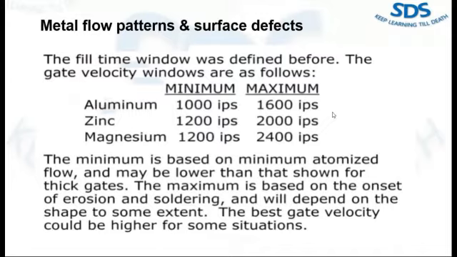You can see the aluminum minimum is 100 inch per second and maximum is 1600 inch per second, or you can say, which I use in my design, preferably 35 to 50 meter per second gate velocity.